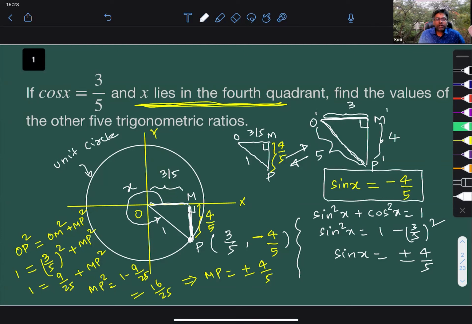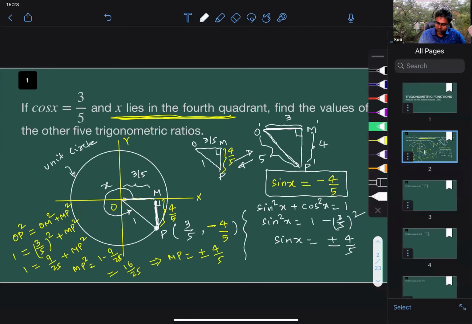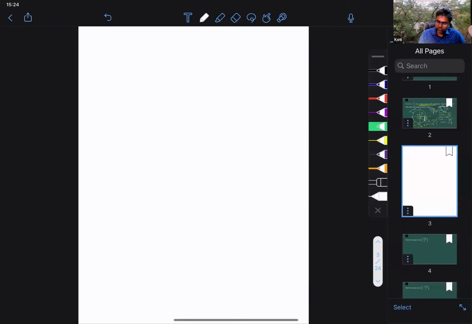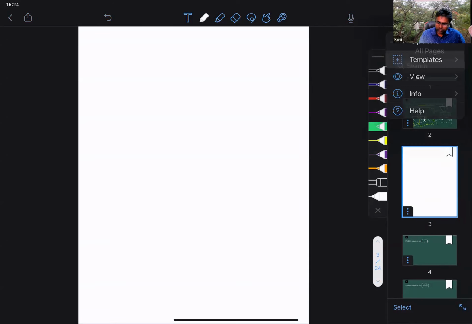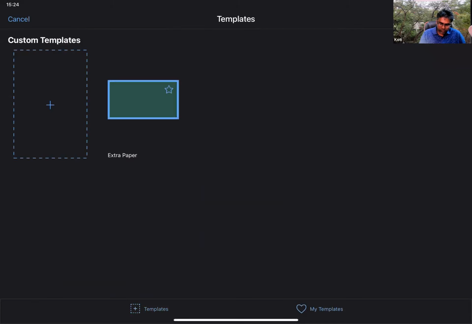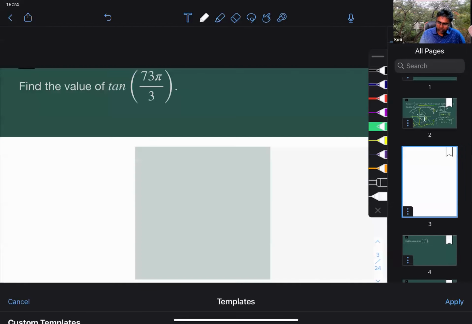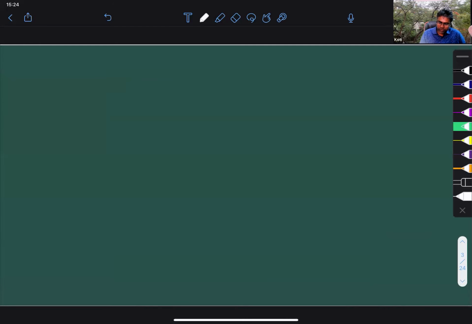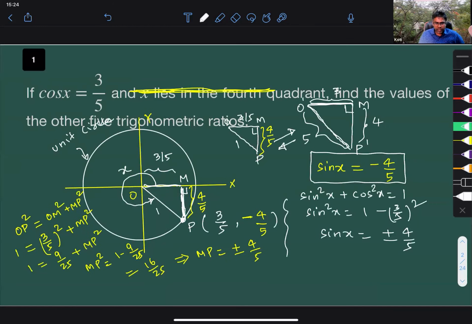Okay, so let me get another page. Now how do I get the other values?